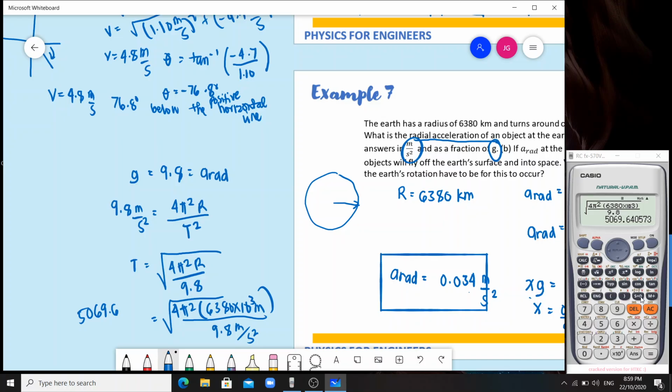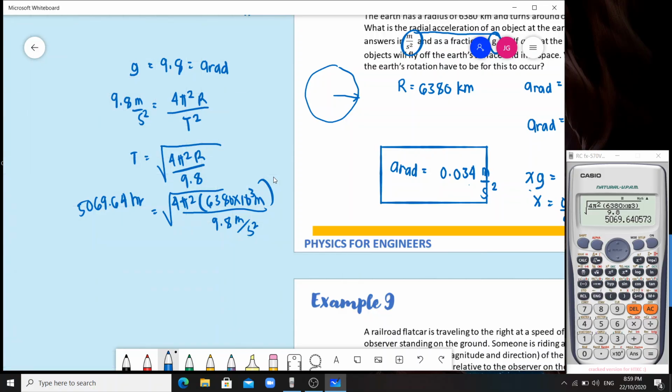5,069.64 seconds. Sorry. Or we can convert that into hours. So, when we convert it to hours, that is 5,069.64 seconds times 1 hour over 3,600 seconds. We just divide it by 36.